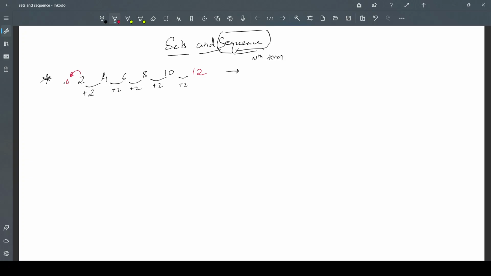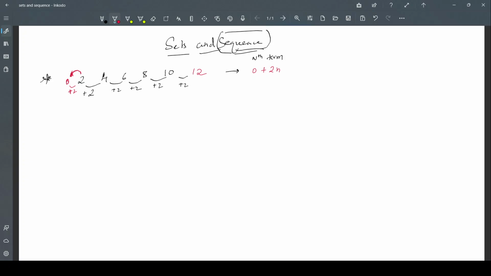That will be 0, right? Because if I add 2, the next term will be 0 plus 2 is 2. So 0 plus the difference, which is 2, and I'll put n over it.